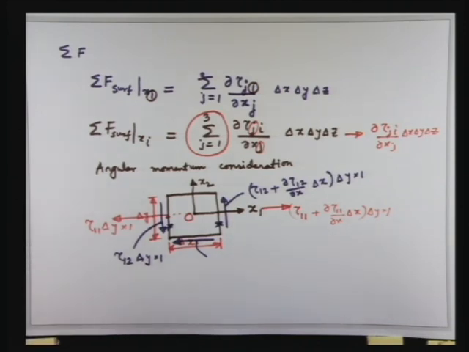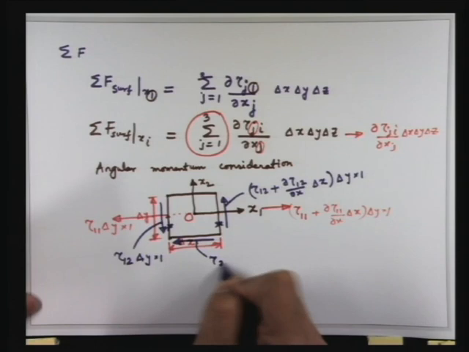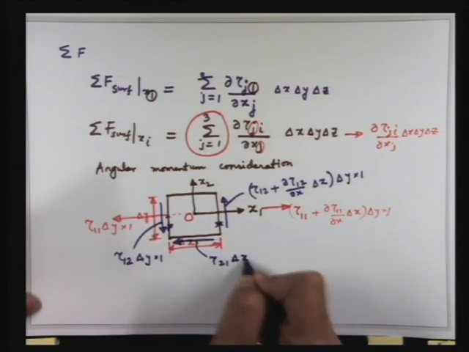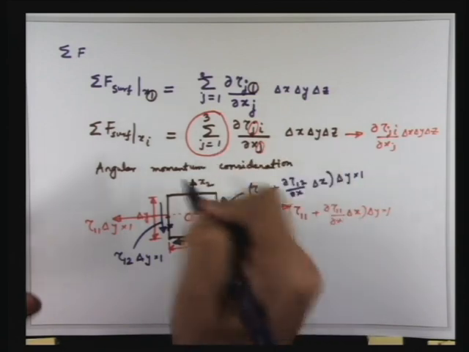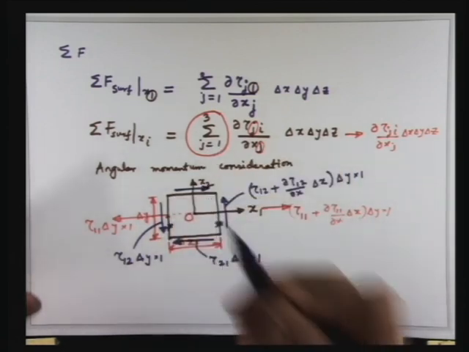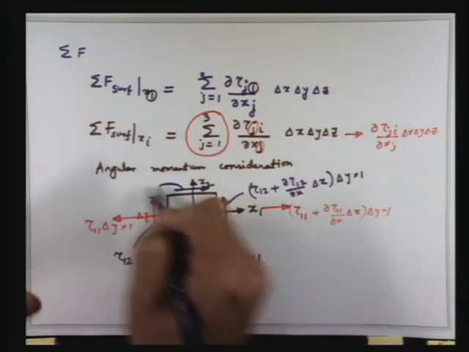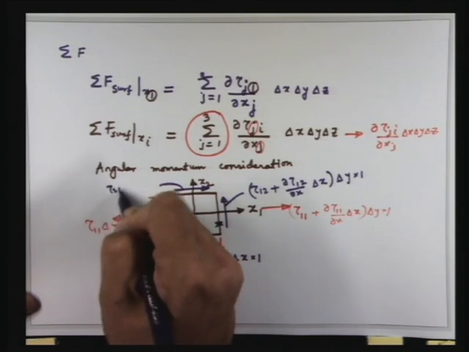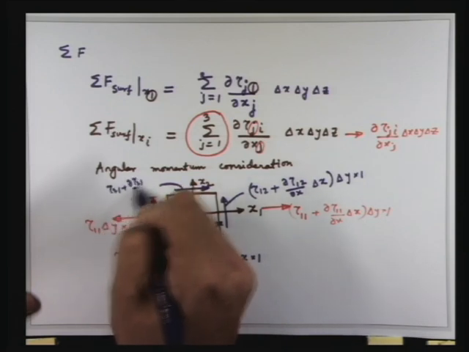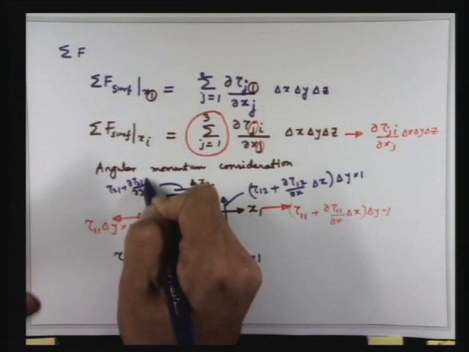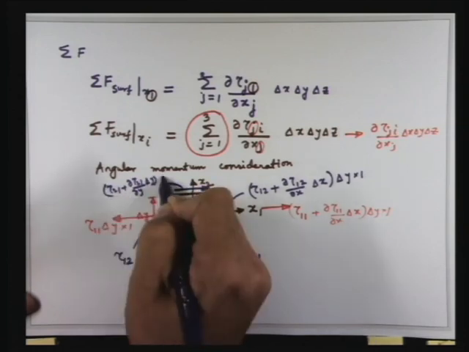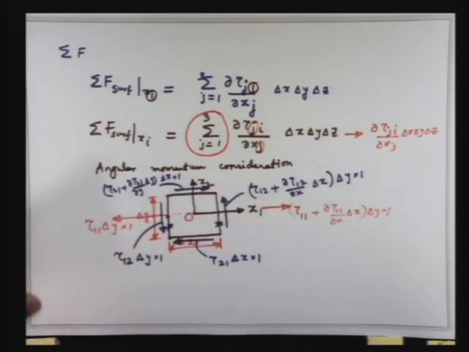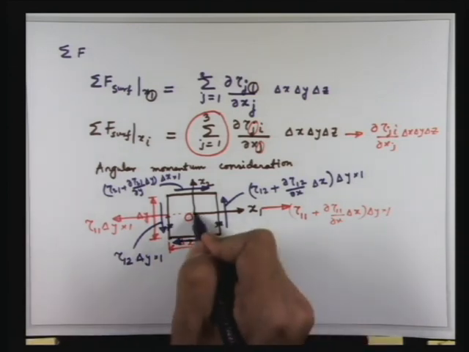What is this? Tau 2 1 into delta x into 1. What is this? Again tau 2 1 plus del tau 2 1 del y into delta y, into delta x into 1. You can represent the body force.